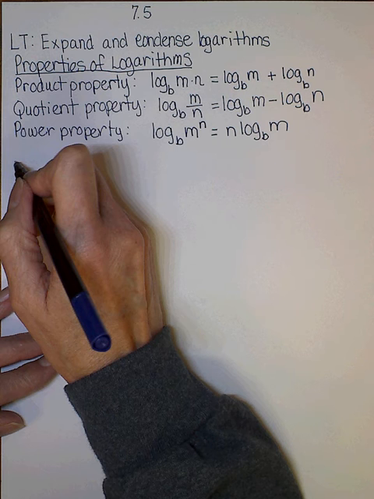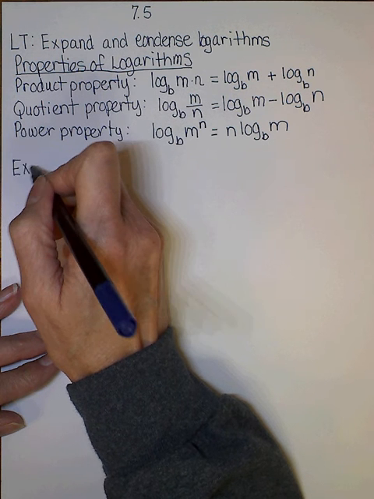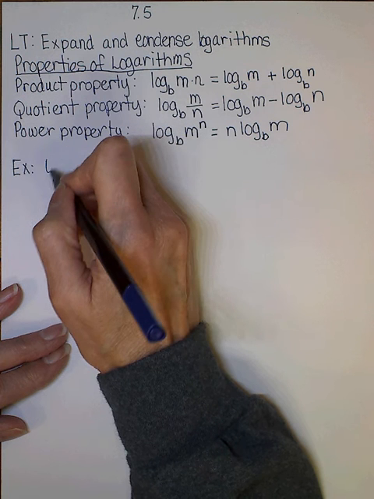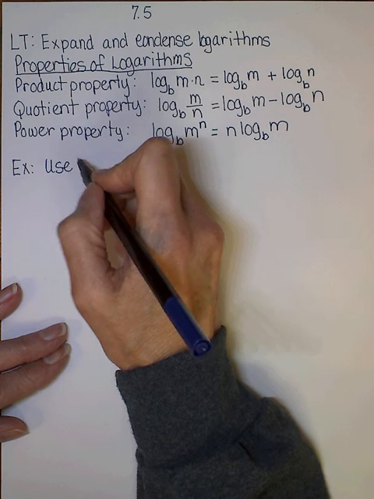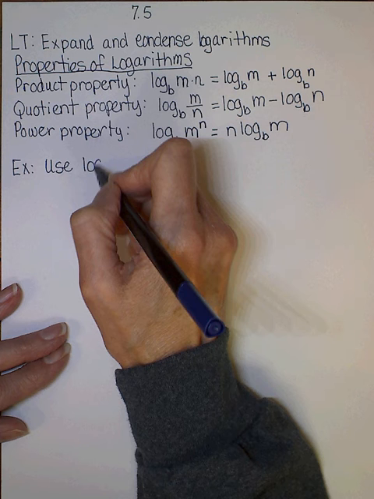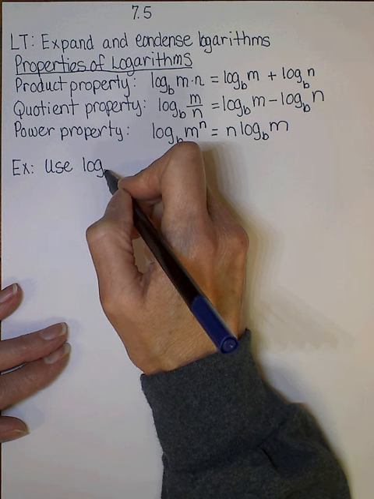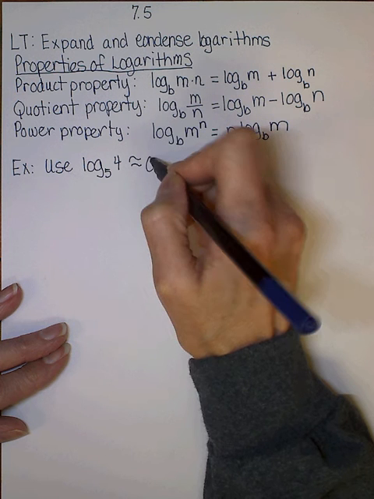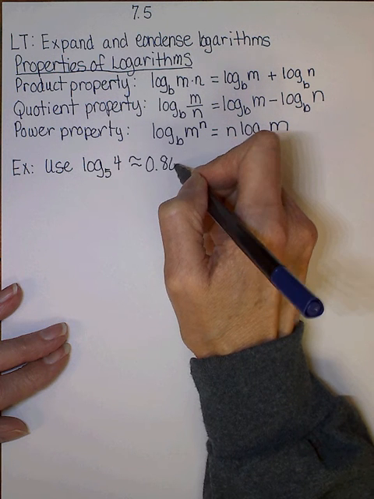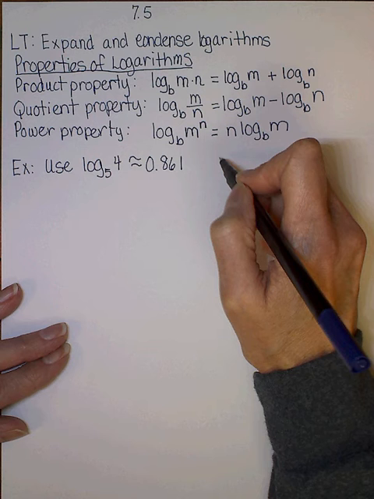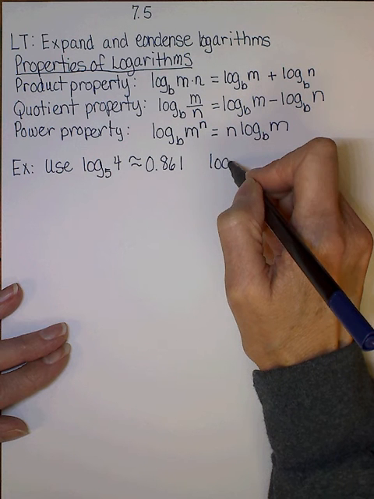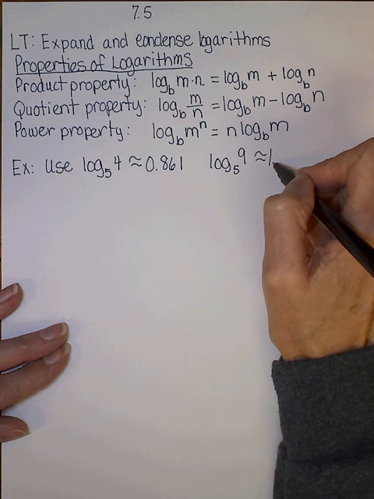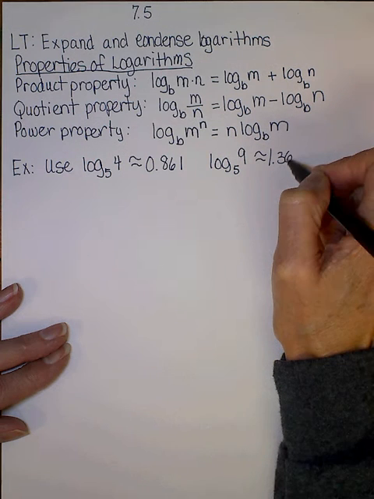Now the first examples are a little bit different. They're just kind of a way to practice this. They're going to give you some decimal approximations to a few numbers. So this one is the log base 5 of 4 is approximately 0.861, and the log base 5 of 9 is approximately 1.365.